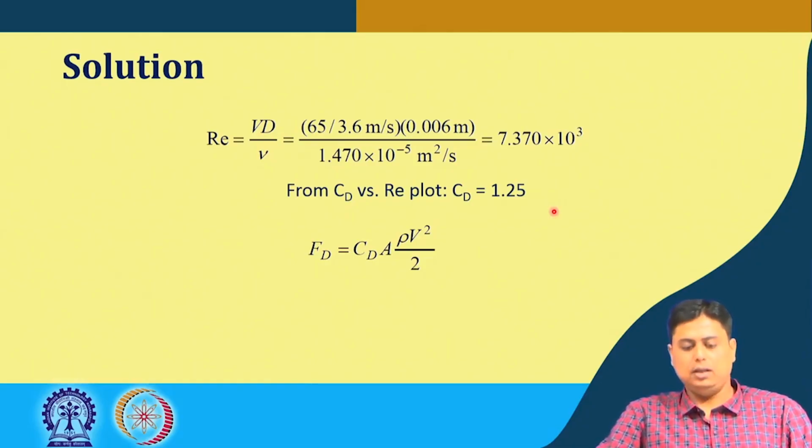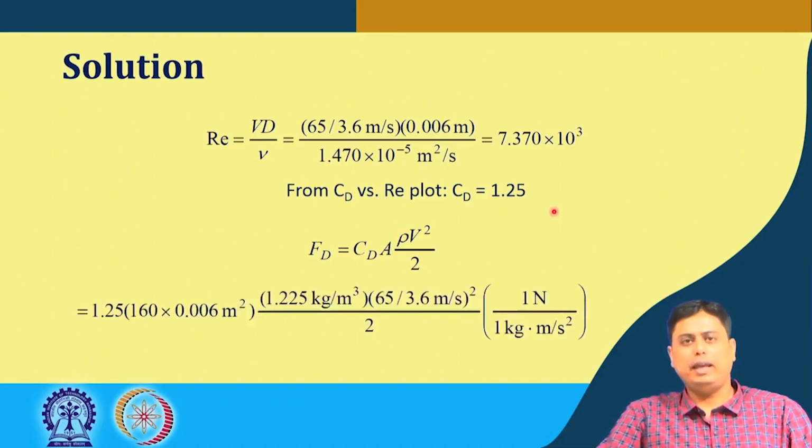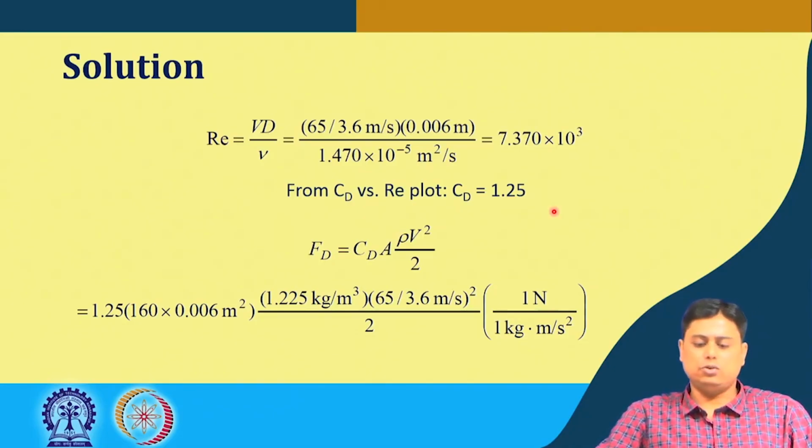So, Fd is CD multiplied by A rho v square by 2, where A is the projected area, the area that is exposed to this flow. Here this is basically L multiplied by D. This is the projected area when the flow is across this wire, where these values are also given.